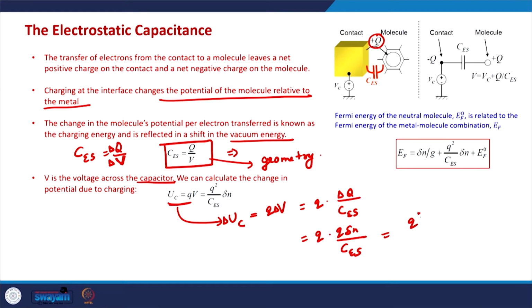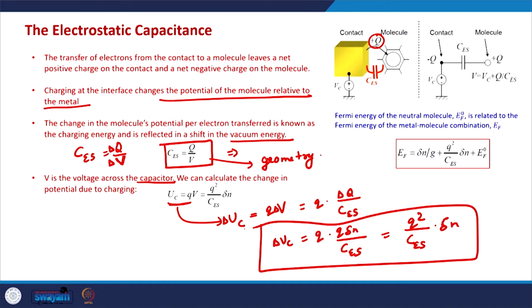So, it will be q square divided by the electrostatic capacitance times the change in the number of electrons on the system. So, that corresponds to the change in the electrostatic potential energy of the system, delta UC. Okay.